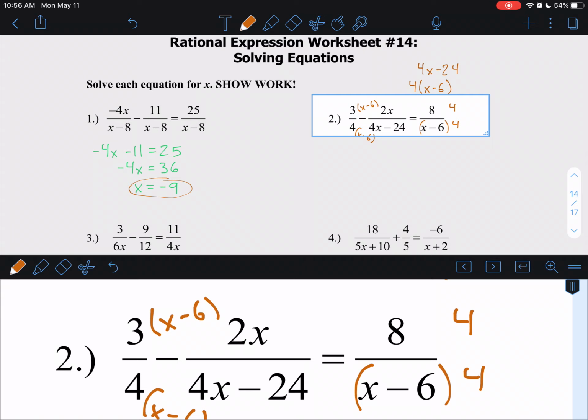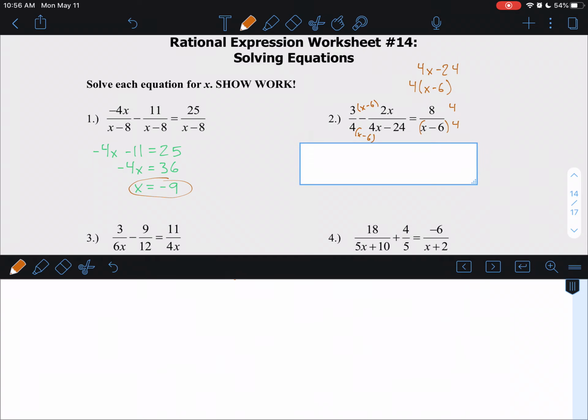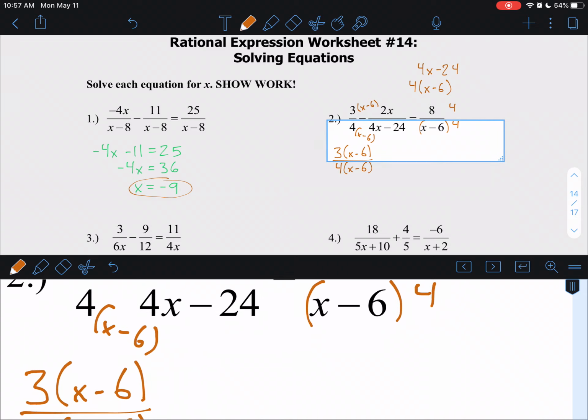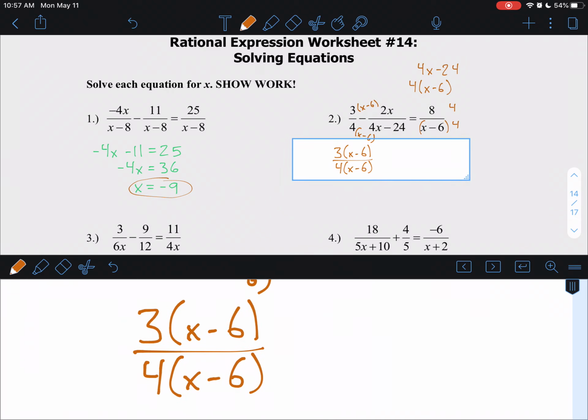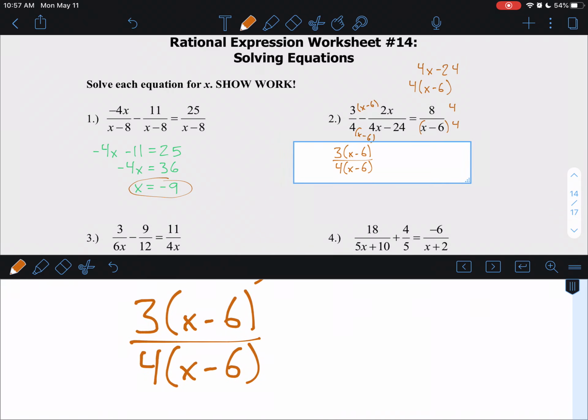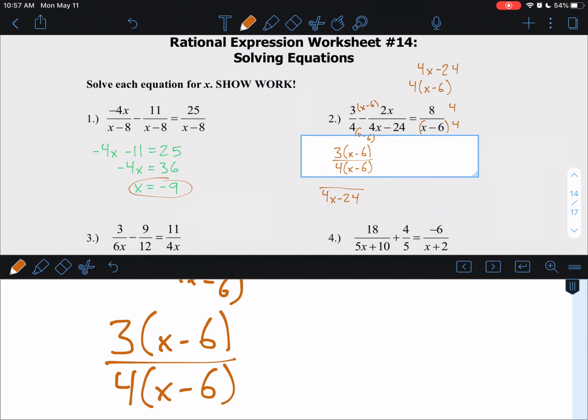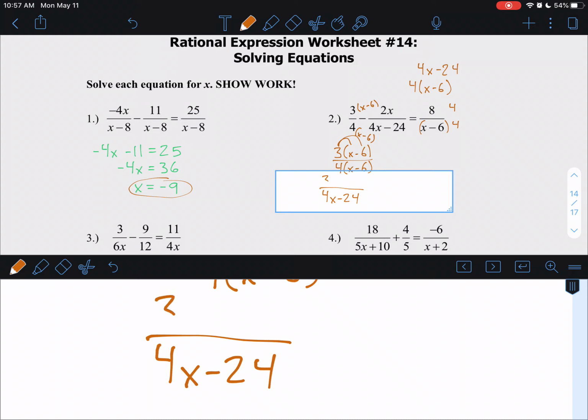Okay. So I have this 3 times x minus 6 over 4 times x minus 6. I already know that 4 times x minus 6 is going to turn into that 4x minus 24, so I'm just going to go ahead and simplify that. So I got over 4x minus 24, and I distribute that 3 to the x and to the negative 6. That gives me 3x minus 18.